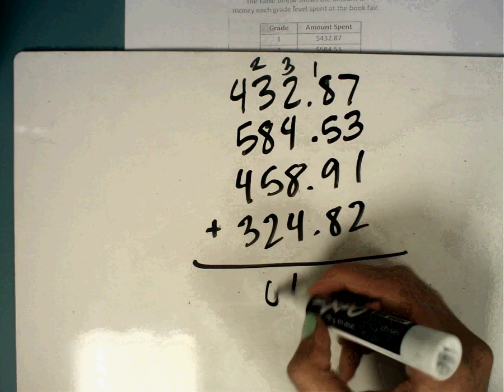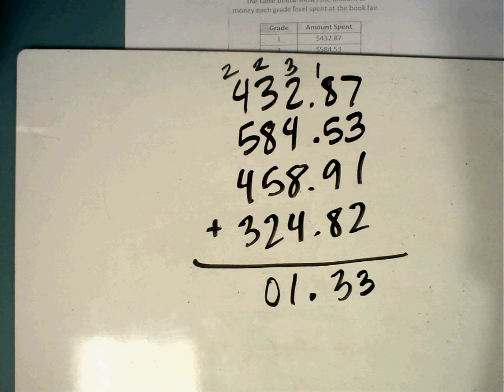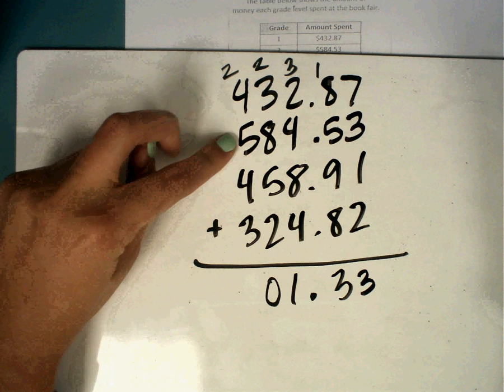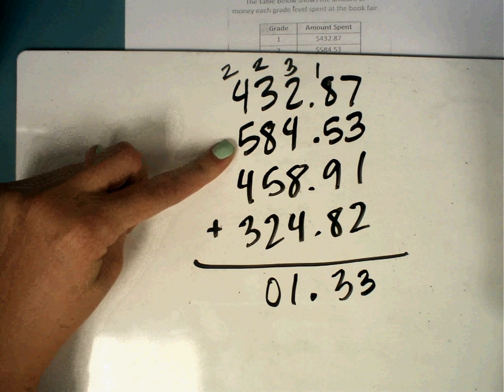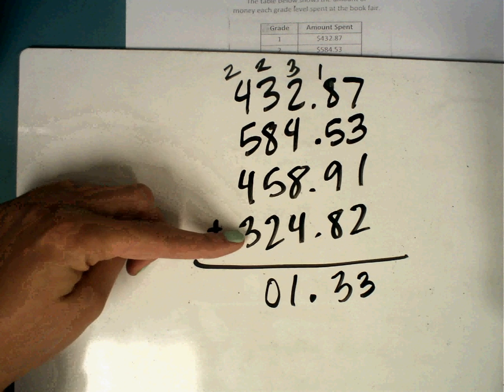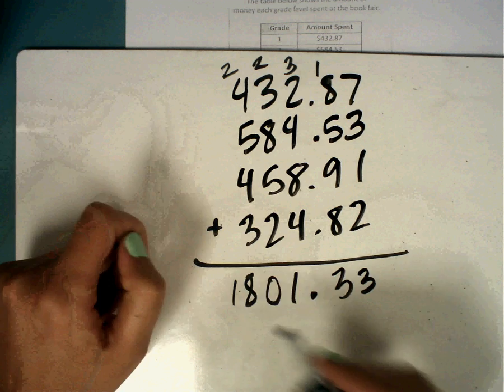Do you see how fast I am with my math facts? That's how fast you'll need to be. That is what it means to master your math facts. 2 plus 4, 6. 6 plus 5, 11. 11 plus 4, 15. 15 plus 3, 18. So we've got 1,801 and 33 cents.